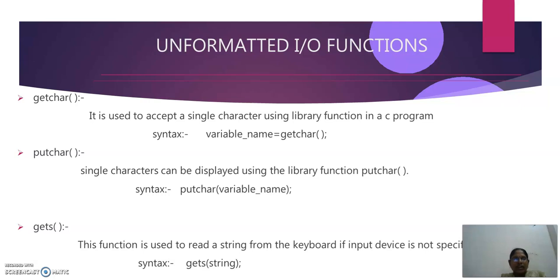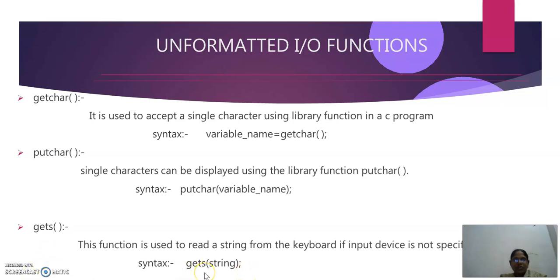These two are meant for reading and displaying of the character using the functions. While reading, you will have the syntax like ch is equal to getchar. While printing, you will have putchar, and whatever the character you want to print should be enclosed within the brackets.